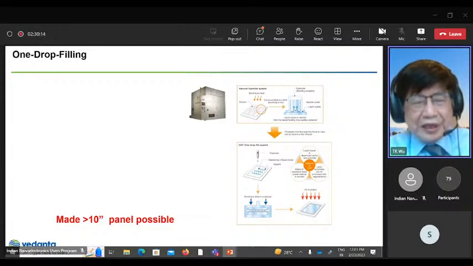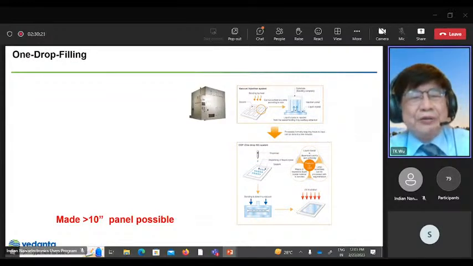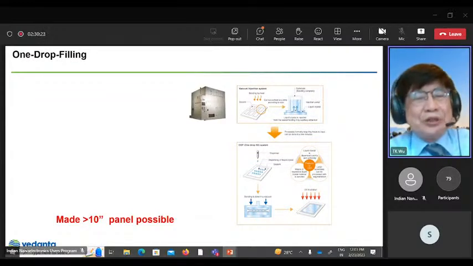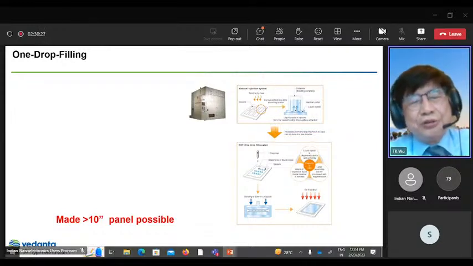Once it reaches a certain vacuum level, we put the port to touch the liquid crystal, and then the liquid crystal, by surface tension force, can climb into the cell. But the process is very, very slow.